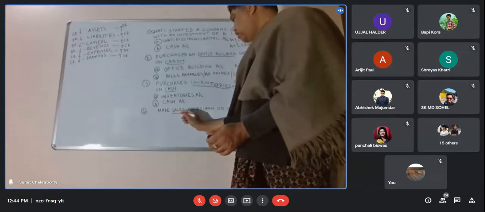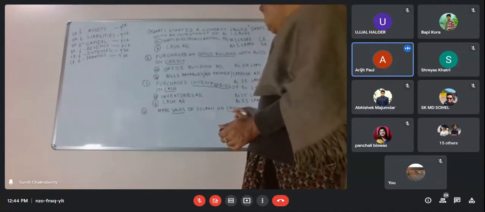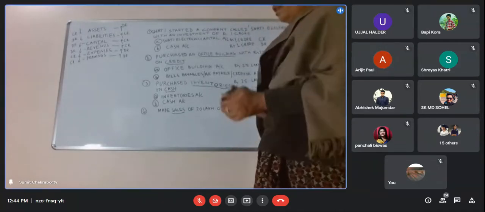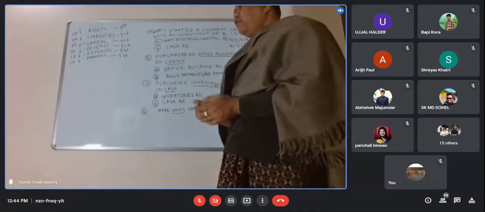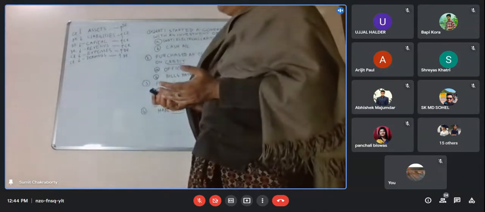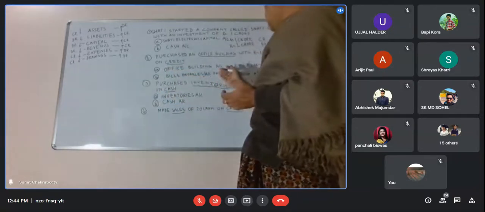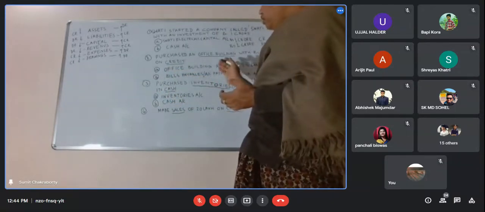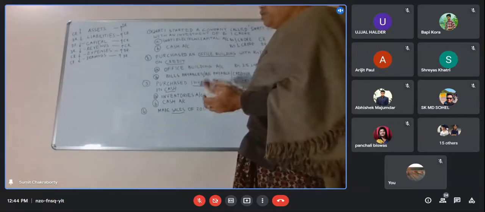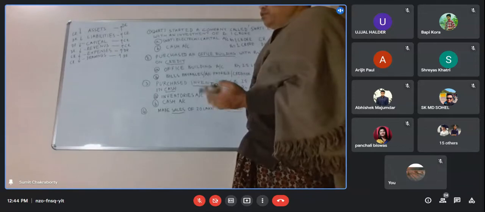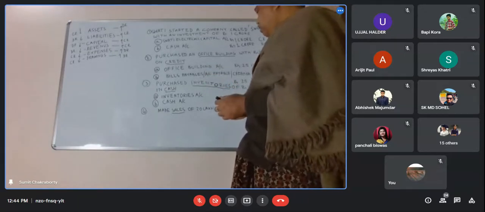Nobody has any answer? Sales account and credit account. There is nothing called credit account. If you sell on credit, that means bills receivable, accounts receivable, or debtor. Everything will be receivable. You are supposed to receive, so receivable. It's not payable. Okay.